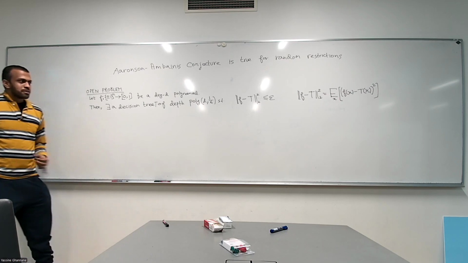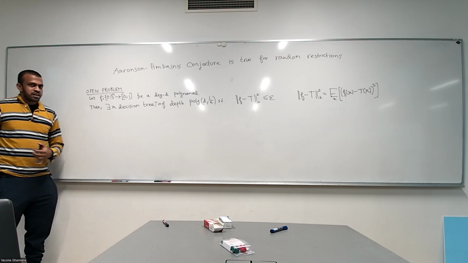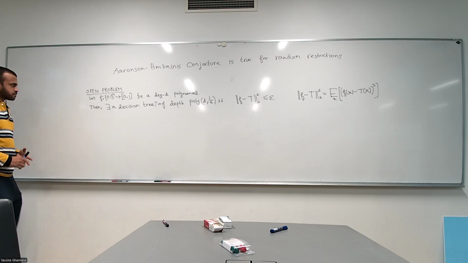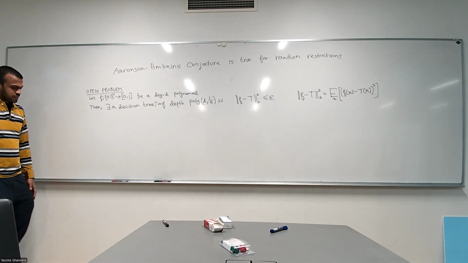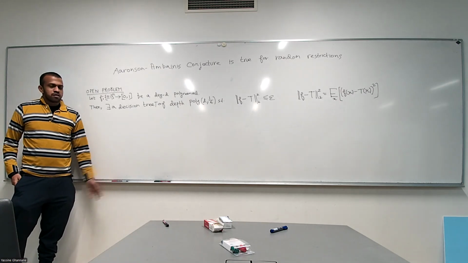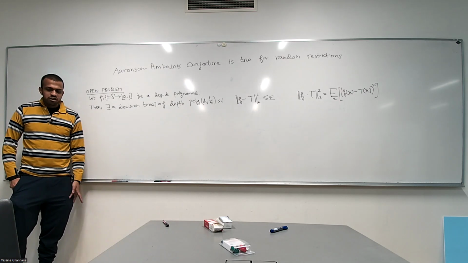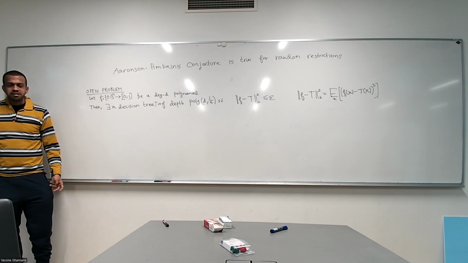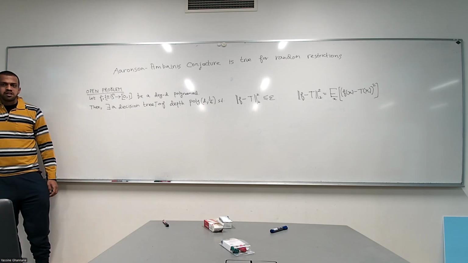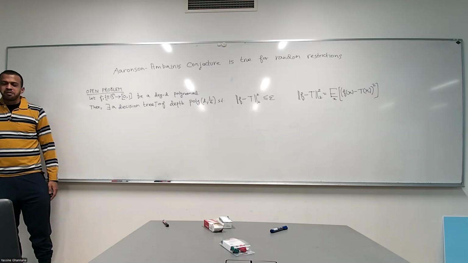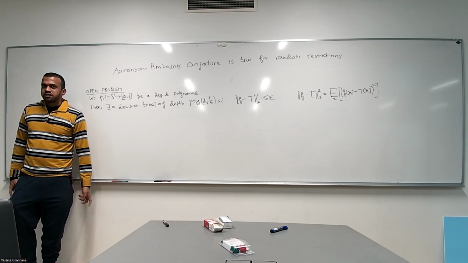So I'll start by describing some motivation behind this problem. So the story goes like this. After quantum algorithms were discovered, people tried to figure out situations where quantum algorithms are provably faster than classical algorithms.